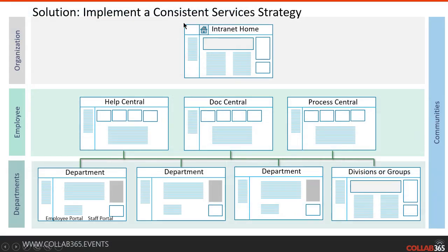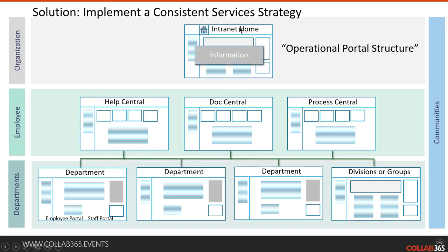So when we take a look at where this fits in your overall strategy, you've got your intranet here, and that's really where information is, and the second of our webinar series talks about how to roll up and how to have a communication and information structure. In the next one, we really talk about how to organize your resources and documents as well.